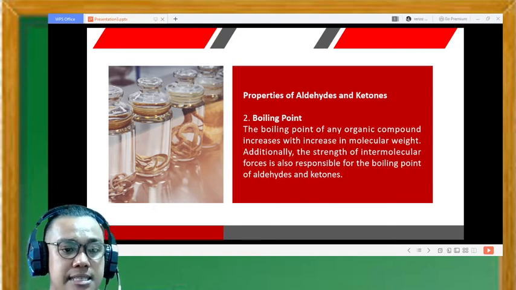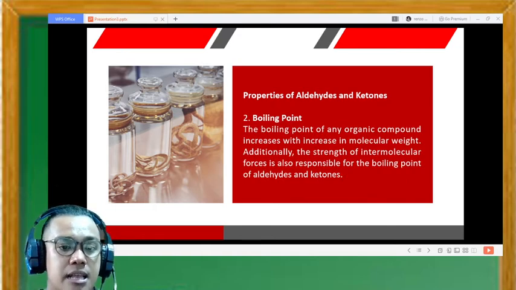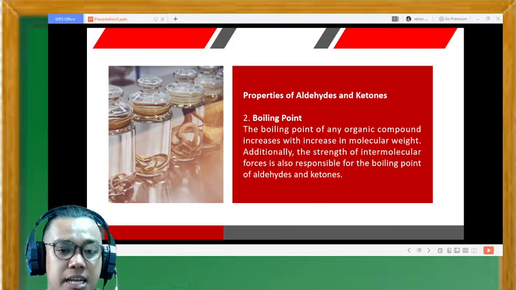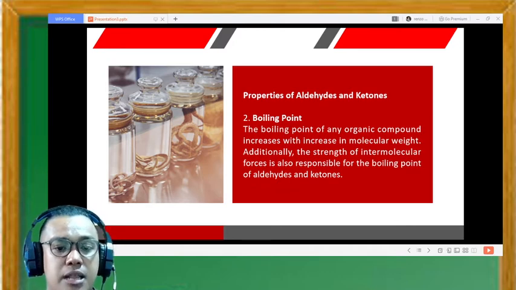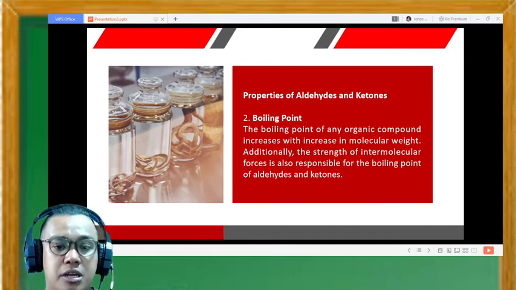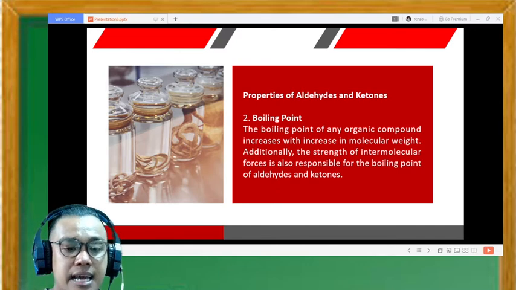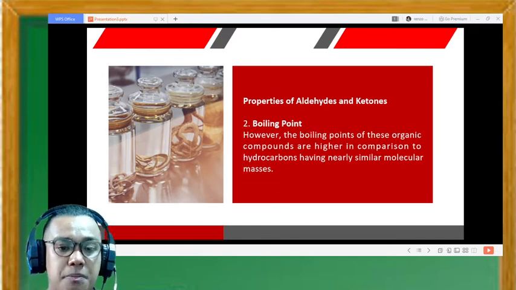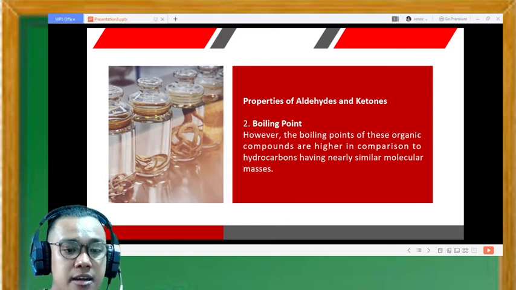Next property is the boiling point. The boiling point of any organic compound increases with an increase in molecular weight. Additionally, the strength of intermolecular forces is also responsible for the boiling points of aldehydes and ketones. However, the boiling points of these organic compounds are higher in comparison to hydrocarbons having nearly similar molecular masses.